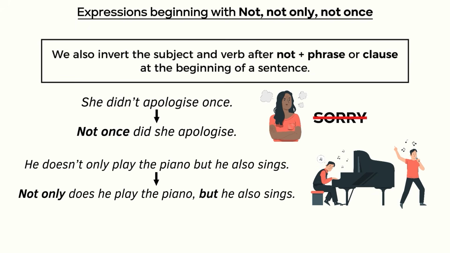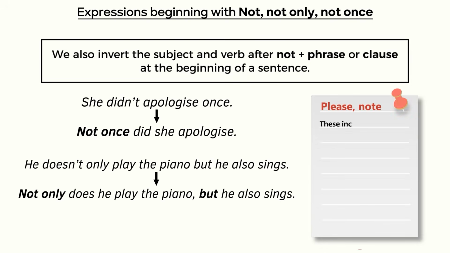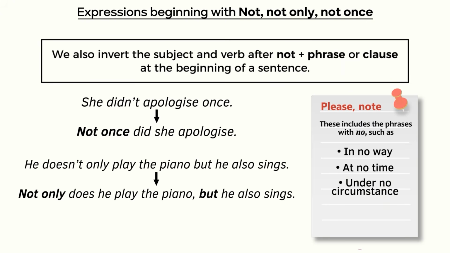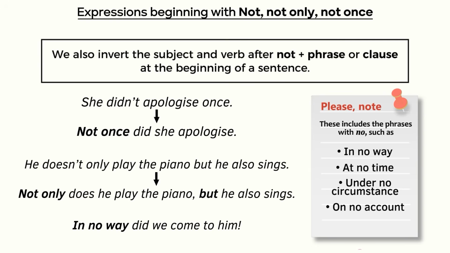Not only does he play the piano, but he also sings. Please note, these include the phrases with no, such as in no way, at no time, under no circumstance, on no account. For example, in no way did we come to him.